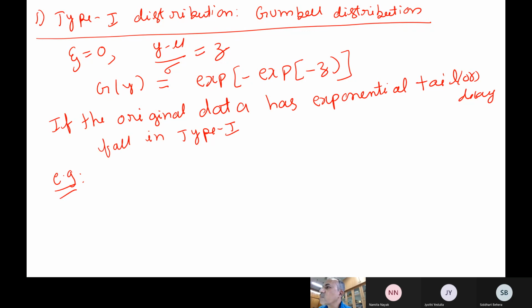Among the distributions which we have seen, which one has an exponential tail, where the decay is exponential? Which one has it?